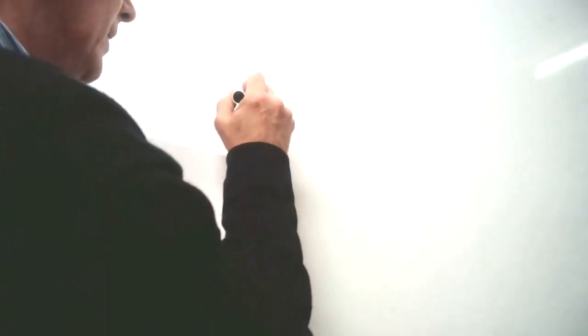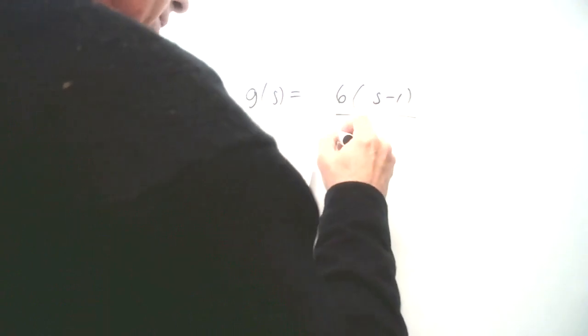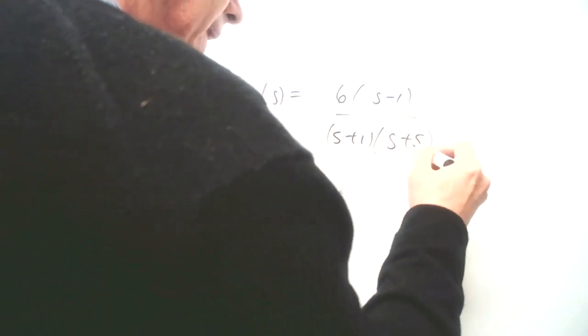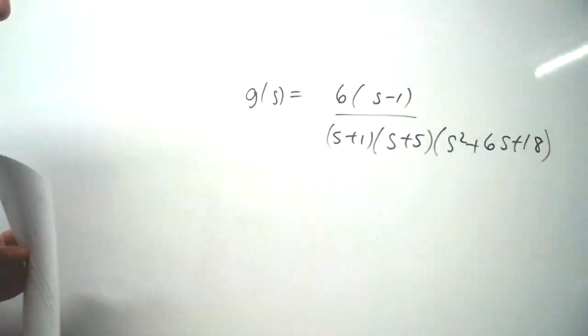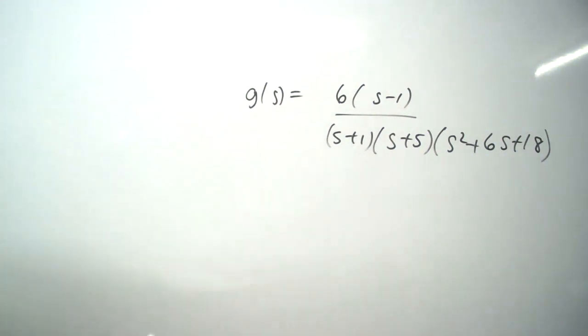This one's got a transfer function G(s) equals 6(s minus 1) over (s plus 1)(s plus 5)(s squared plus 6s plus 18). I chose this one because I thought it's a good one for revision purposes. You might get something like this with different numbers in. So let's have a go at doing this one.